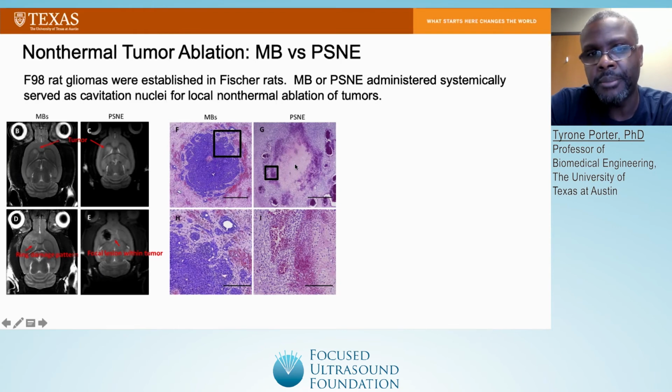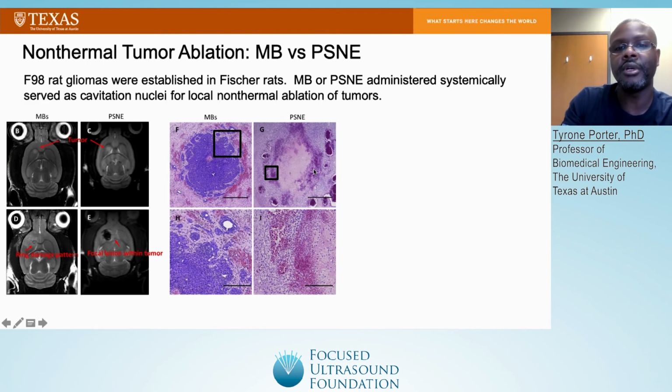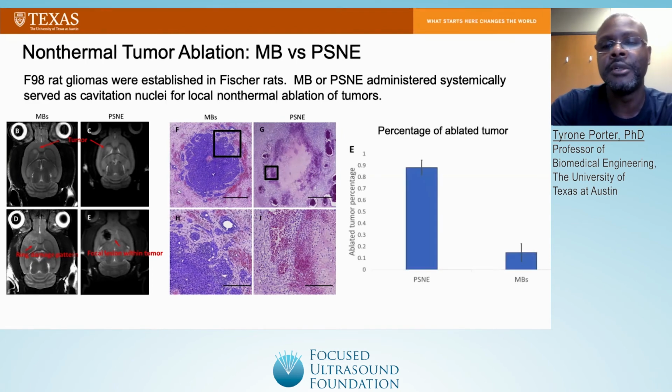And so you end up with this region that's been completely ablated using these nanodroplets as the cavitation nuclei. In the periphery, we also still have some damage, but we see some residual cancer cells. And I'm going to come back to that in just a moment.